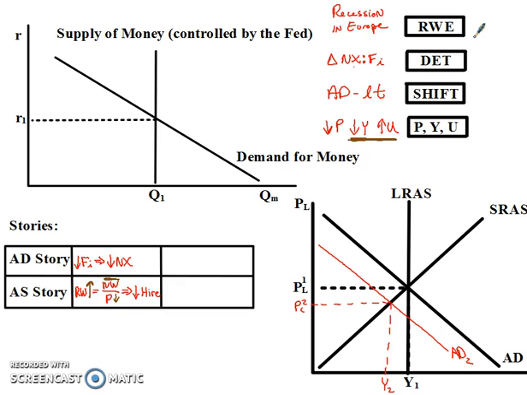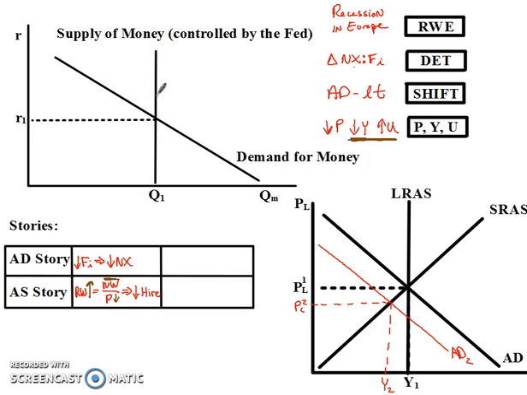Well, we got to think this backwards in reverse. If we want to get the aggregate demand curve to shift back to the right, that means we want to increase investment and increase consumption. And if we want to increase investment and increase consumption, then we got to lower interest rates to encourage people to borrow so that they will consume and invest more. So I need interest rates to go down.